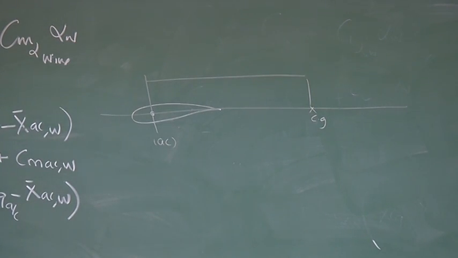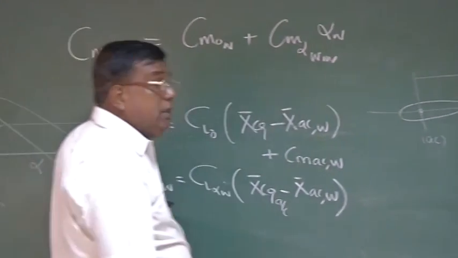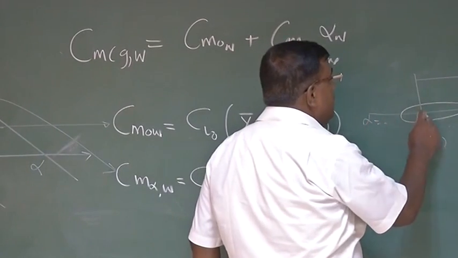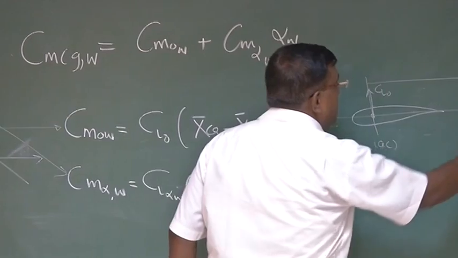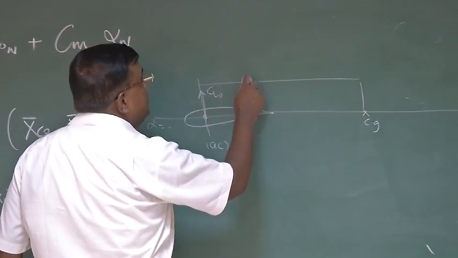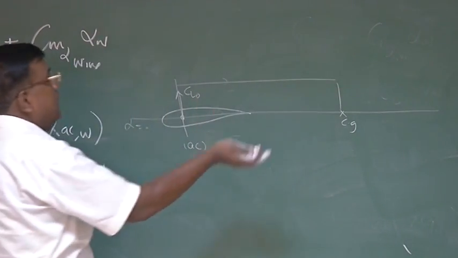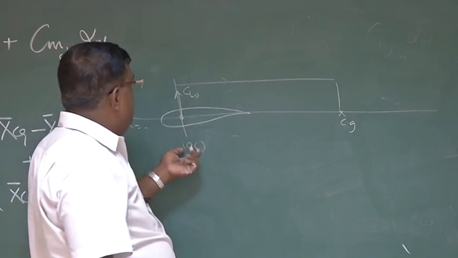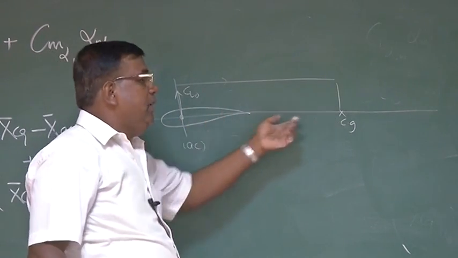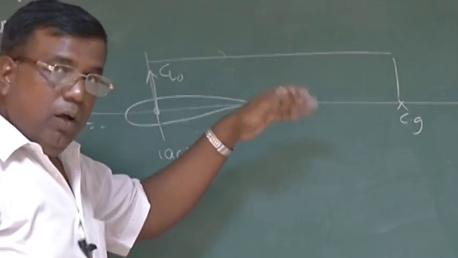It says CM naught wing is CL naught, yes, at alpha equal to 0. There will be CL naught. And let's say CG is here. So CL naught into this distance will give you a positive CM naught. So what is the meaning of that? Meaning of that is if you put the AC of the wing ahead of CG of the airplane, it will give a positive CM naught.